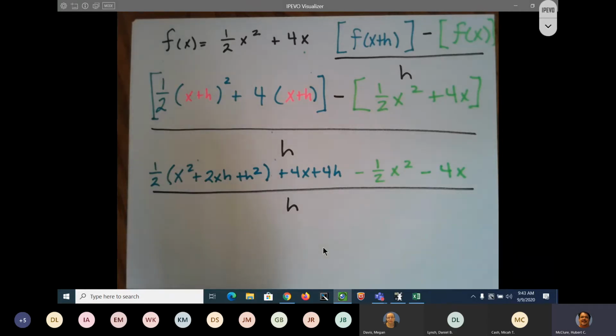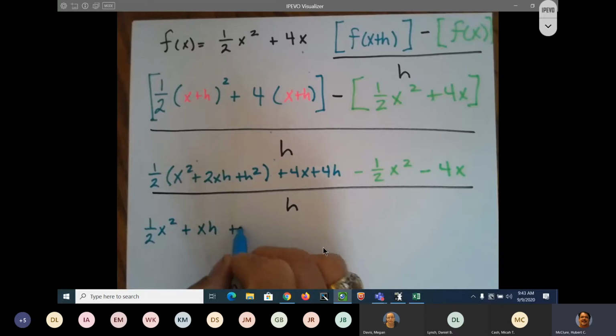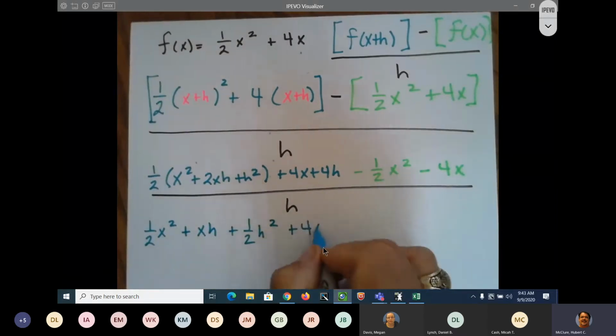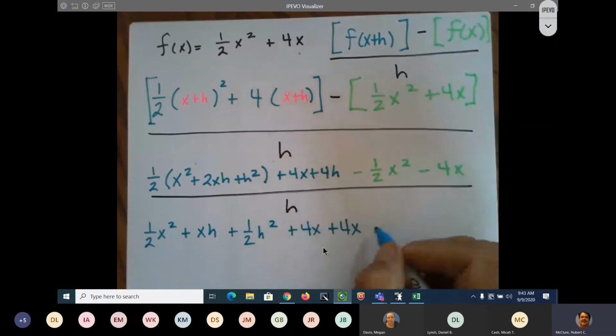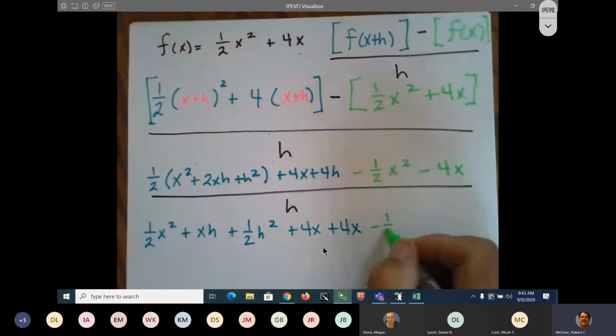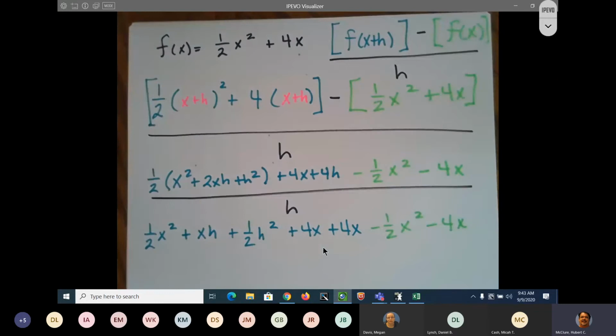I'm going to distribute the 1/2. That's going to be 1/2 x squared plus 2 times 1/2, which is 1, so that's going to leave xh plus 1/2 h squared plus 4x plus 4h minus 1/2 x squared minus 4x, all over h.